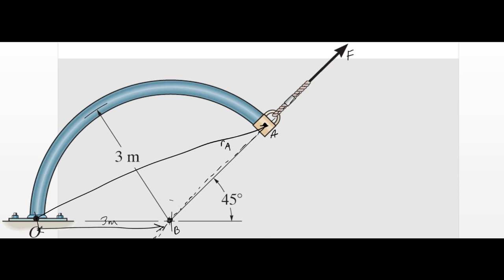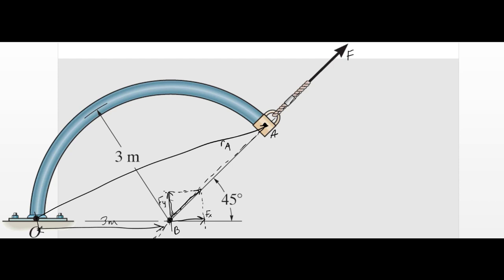So here's the force. It has two components, for the x and the y. Let me translate it here for a second, just to visualize things. We have the force in the x direction, and we have the force in the y direction.